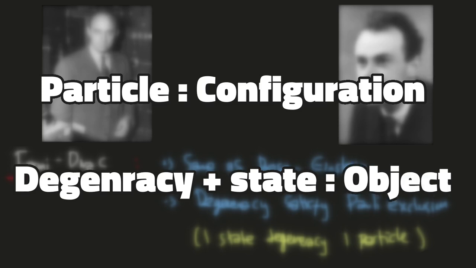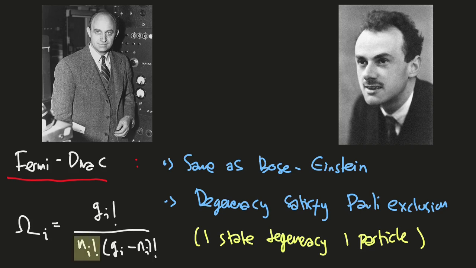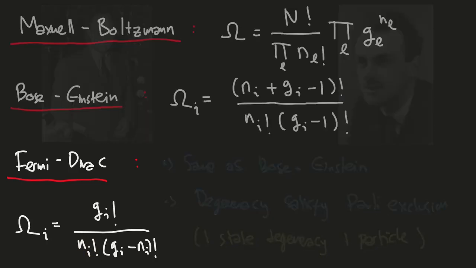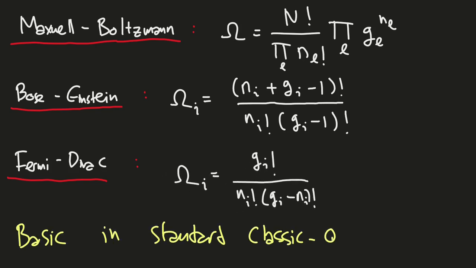So for each particle, we need to put one degeneracy of state and so on. By combination, we have omega i as this, which is just a combination, but now we're switching: instead of the number of particles as the object, we treat the number of particles as a vessel or configuration for gi. And as I mentioned before, these three are the basics of standard classical and quantum statistics in physics.